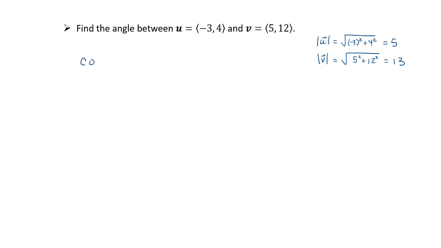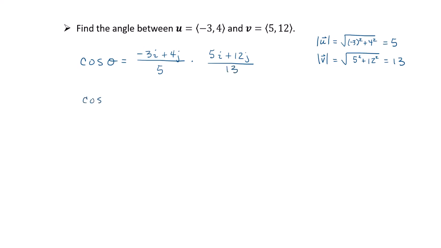Now we move to our formula. Cosine theta is equal to negative 3i plus 4j over 5 times 5i plus 12j over 13.